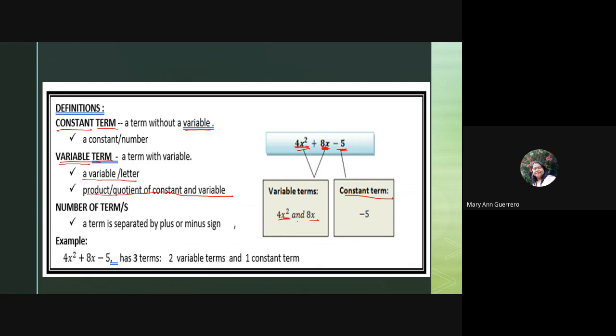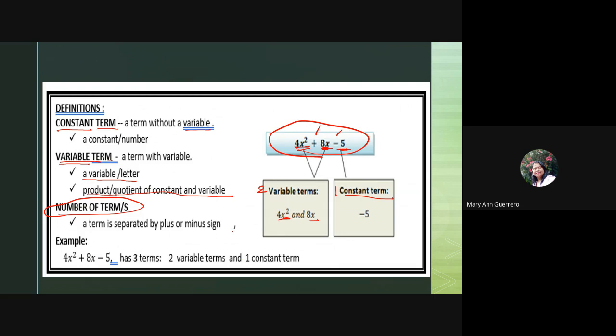So we have 2 variable terms and 1 constant term, a total of 3 terms. Again, remember, terms are separated by plus or minus sign. So the number of terms is 3.